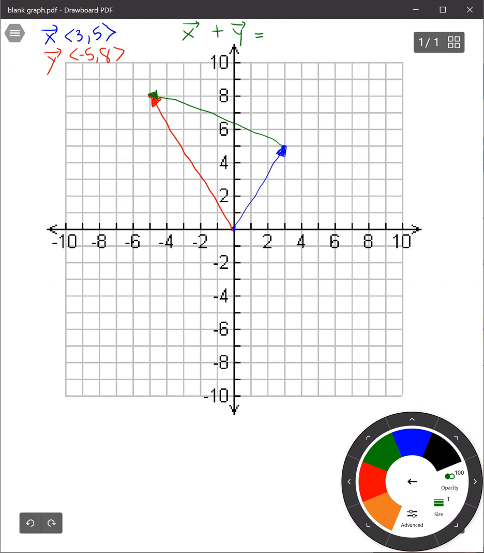Okay. So if you look at the graph, you can tell right away the component form of the resultant vector of x plus y.